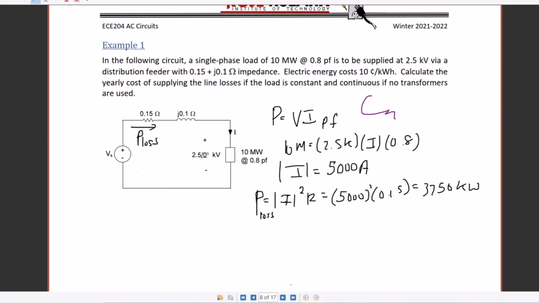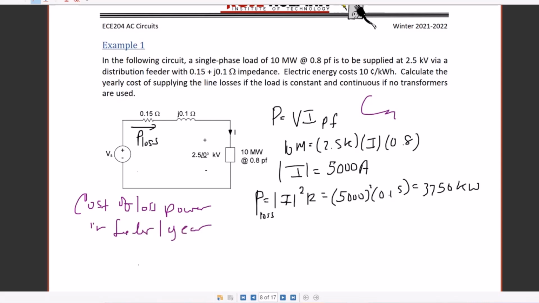Good. Okay, very good. So then we were supposed to find the cost of lost power in the feeder for a year.